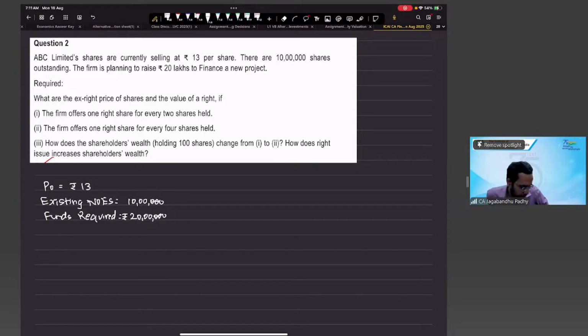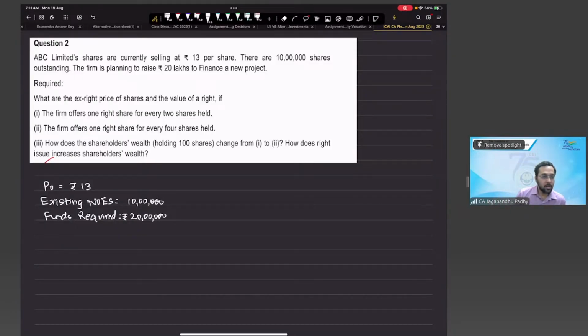We want to know what will be the ex-rights price of the share and the value of a right if the firm offers one right share for every two shares, and for every four shares held. How does the wealth of a shareholder holding 100 shares change from 1 to 2? And how does a rights issue increase the shareholder's wealth?